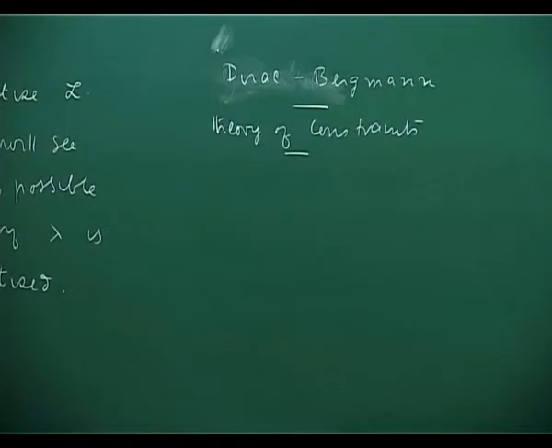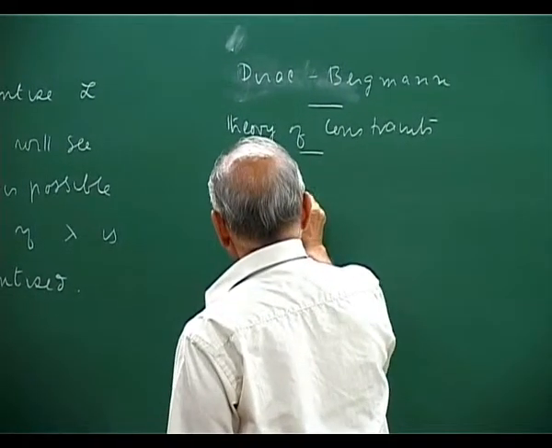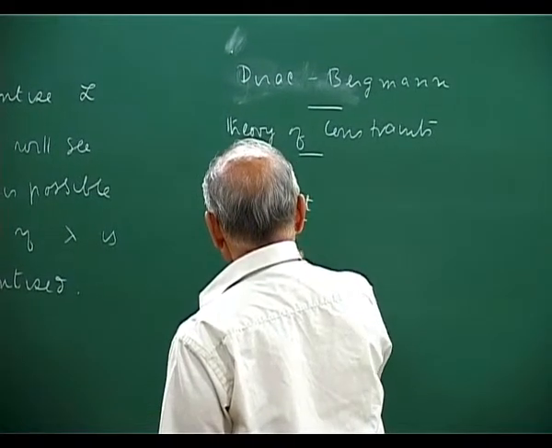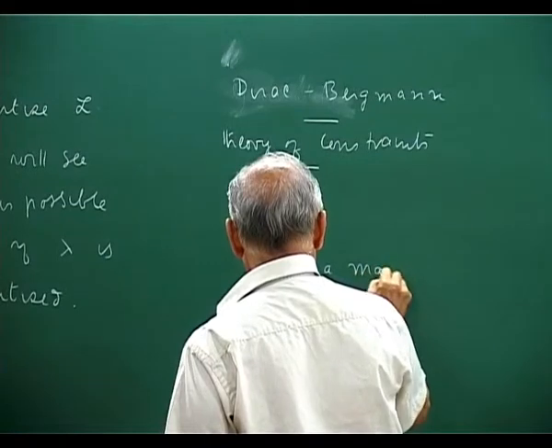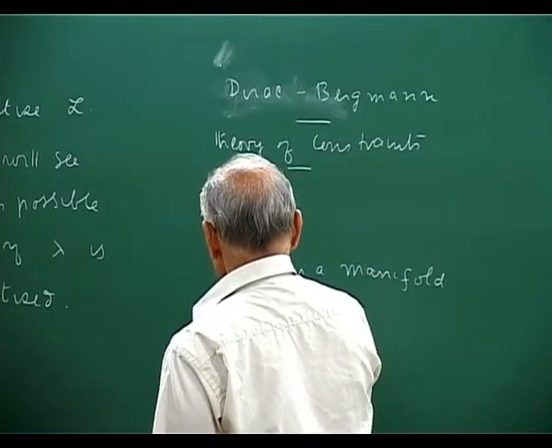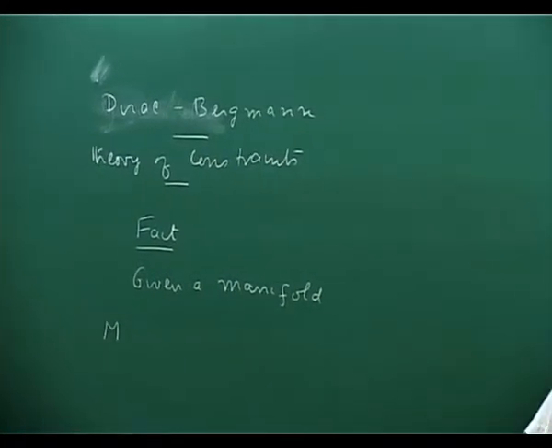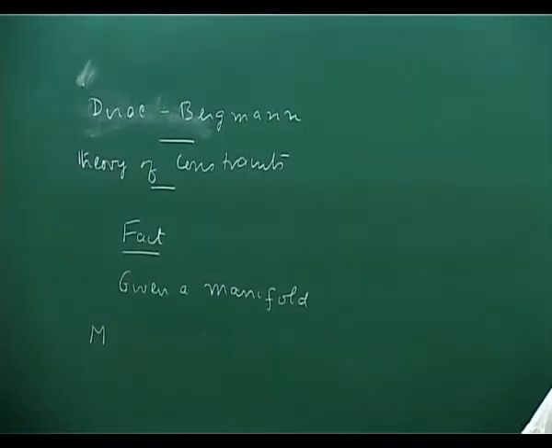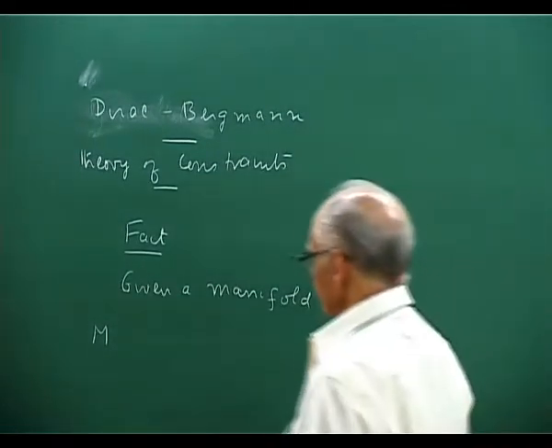Now, the first fact is, given a manifold M, for example like SU(2), associated to it we have two structures.